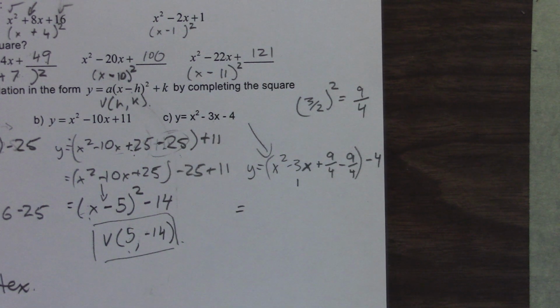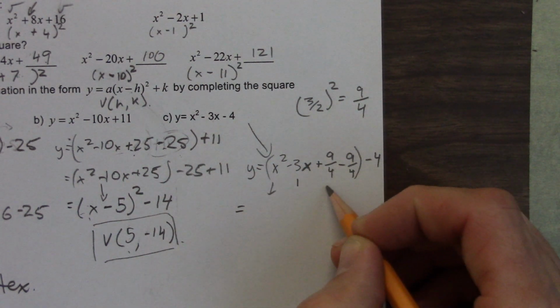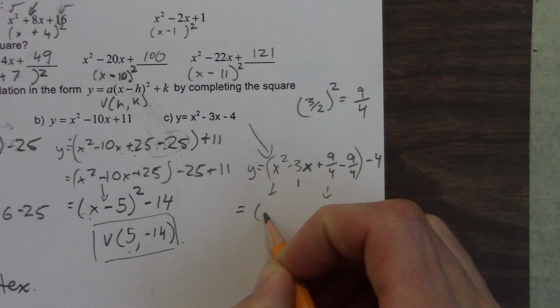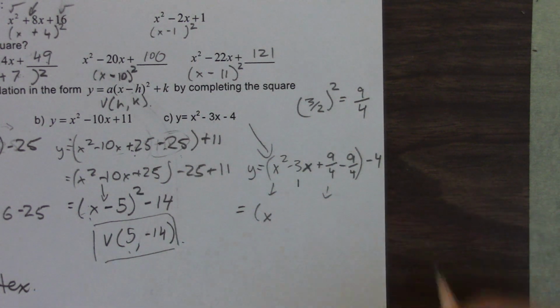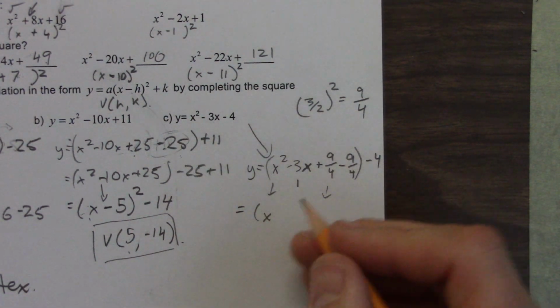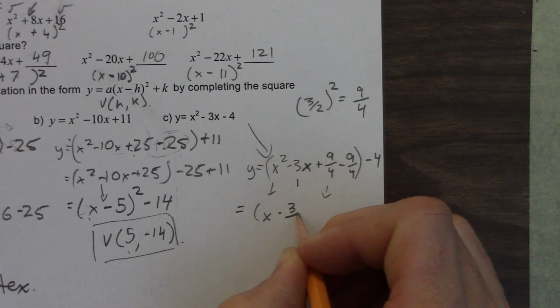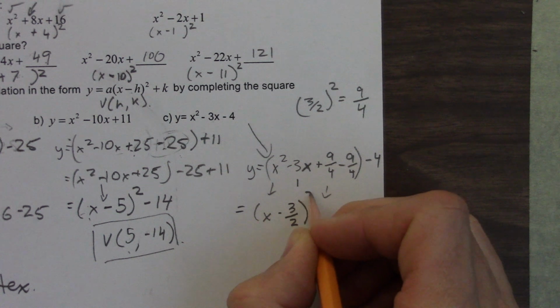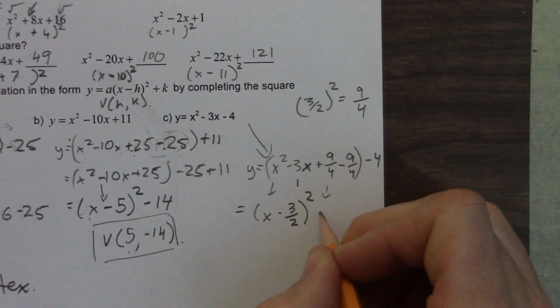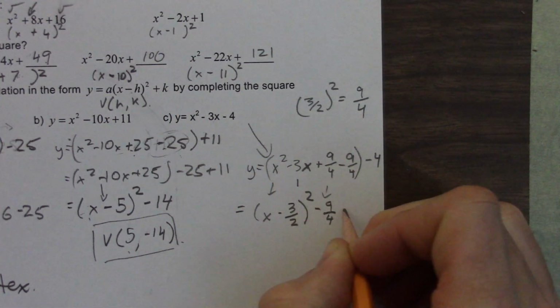Okay? Now we take the square root of this, square root of this. So we end up with x. And the square root of 9 over 4, which is a perfect square, we know because we created it, is going to be minus 3 over 2 squared. And then we have that minus 9 over 4 jumping to the outside.